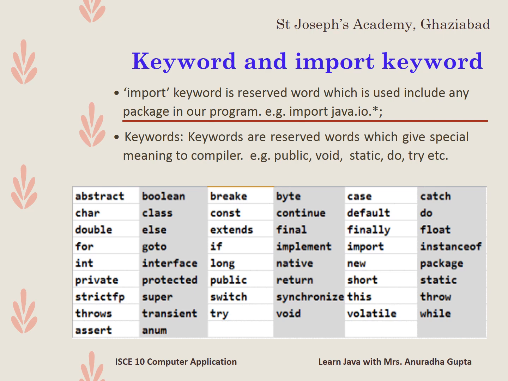Next, what are keywords? Keywords are reserved words which give a special meaning to the compiler. These keywords we can't use as a variable name, class name, or function name. Examples of keywords are public, static, throws, try, void, etc.